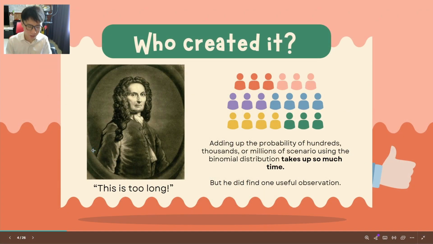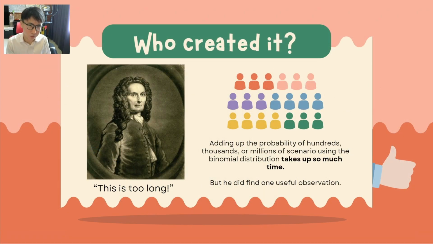But he said to himself, this is too long and it's too tedious. Why do I have to count manually for hundreds, thousands, or even millions of scenario outcomes using the binomial distribution? It's ineffective and it's a waste of time to do so.